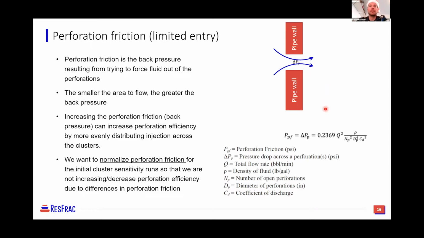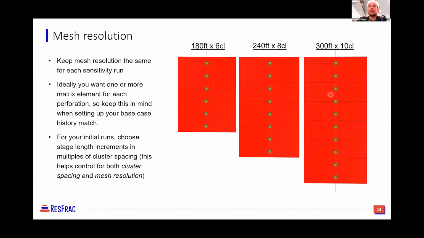An example of this would be if I come back to this example, and here I have added 33% more clusters, right? Originally I had 6 clusters, and I've added 2 clusters to have 8. If I kept the number of perforations per cluster the same, now I have far more holes in my pipe in a given stage, and so my perf friction is now lower, which that alone gives me a propensity to lower perforation efficiency.